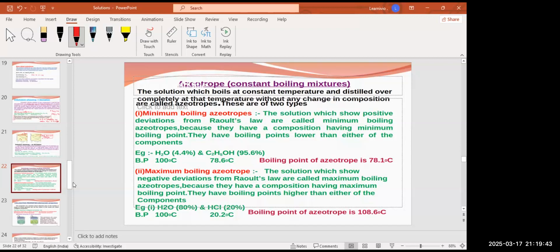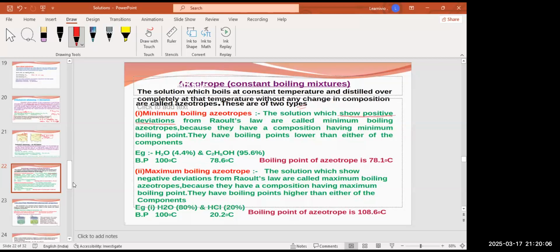Okay, so basically these are of two types, like minimum boiling azeotropes. So what are minimum boiling azeotropes? As the name suggests, the solutions which show positive deviation. Just remember that minimum boiling azeotropes are the solutions that show positive deviations from Raoult's law.